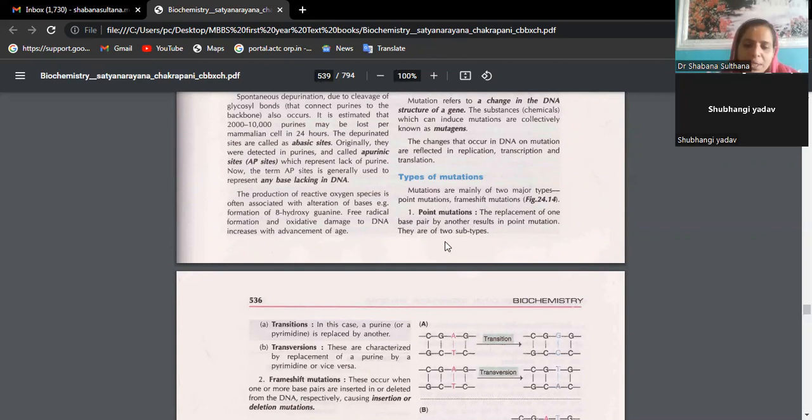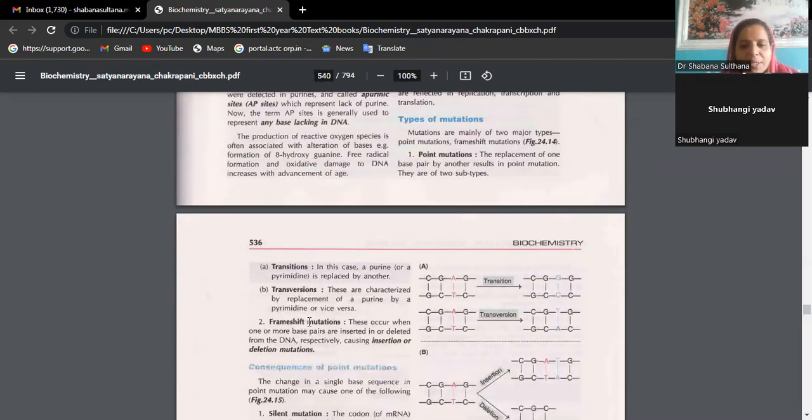Under this we have two types: transition and transversion. If a purine is replaced by another purine, or a pyrimidine by another pyrimidine, you call it transition. Transversion is when instead of a purine a pyrimidine comes, and vice versa.